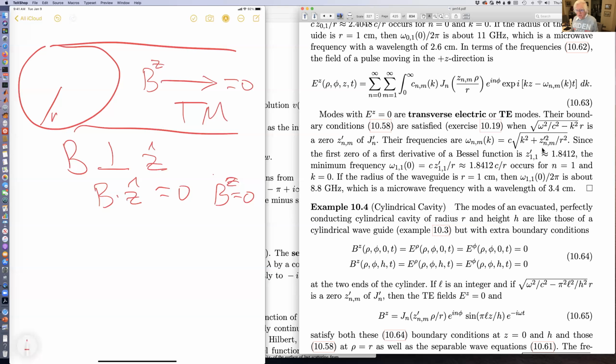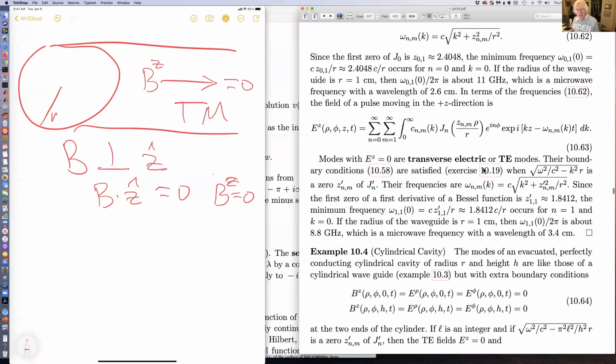Anyway, I chose to examine this one, and the minimum frequency I got was 1.8. This is lower than that one, and it occurs for n equal to 1 and k equal to 0. If the radius is 1 centimeter, then this is 8.8 gigahertz.